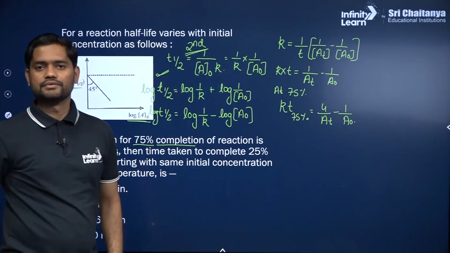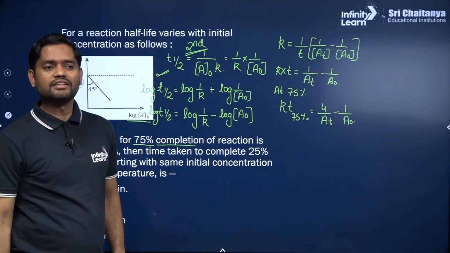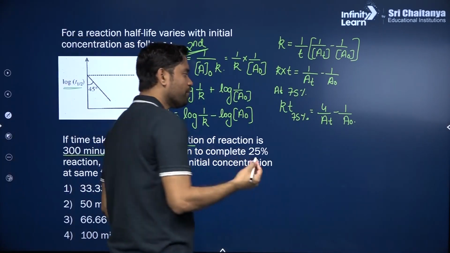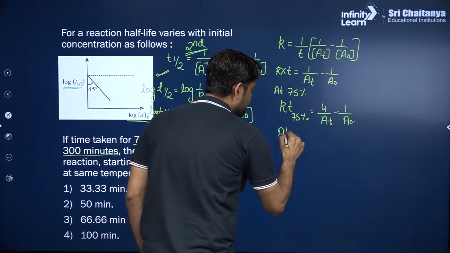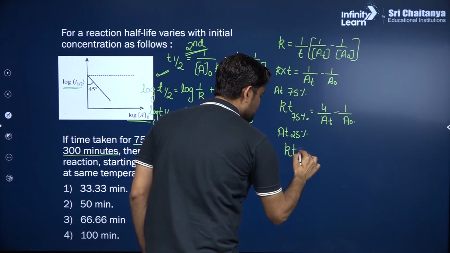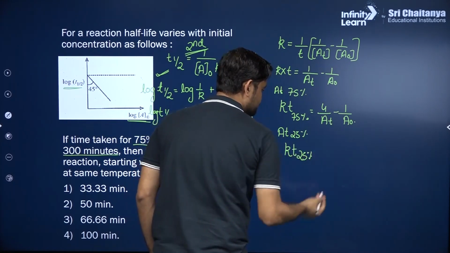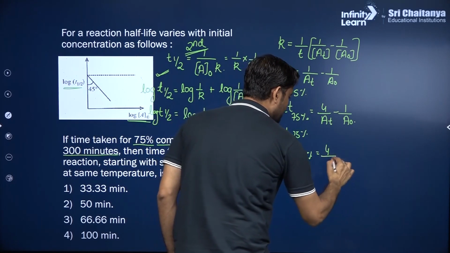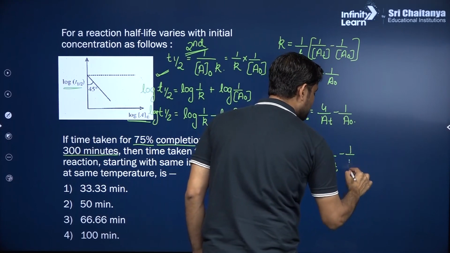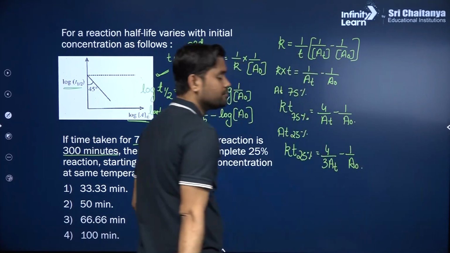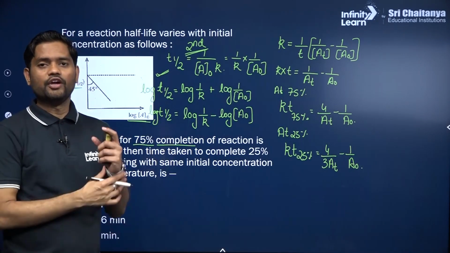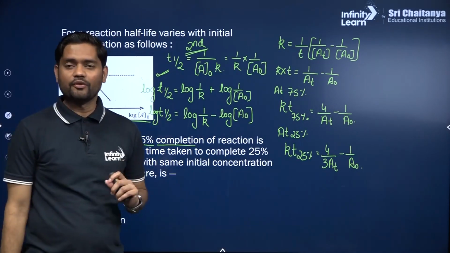Clear, sure, this is at 75%, but at 25% the equation will change. So at 25%, it will be 4 by 3 AT minus A naught. Clear, sure. So I hope, guys, there are no doubts or difficulties till now.